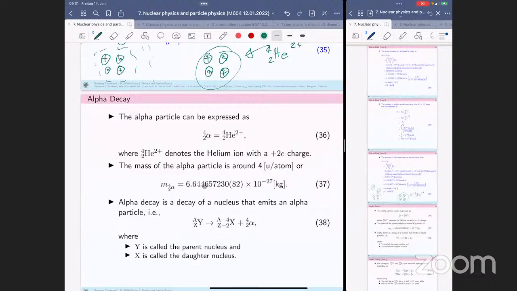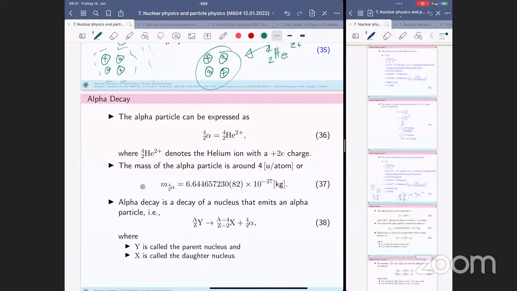In the SI scale, the actual value the physicists have observed is 6.644 times 10 to the -27 kilograms, and that's the typical scale for mass inside the nucleus.